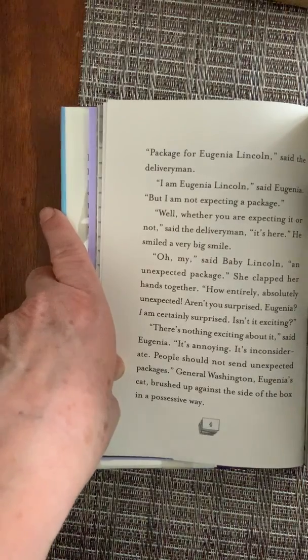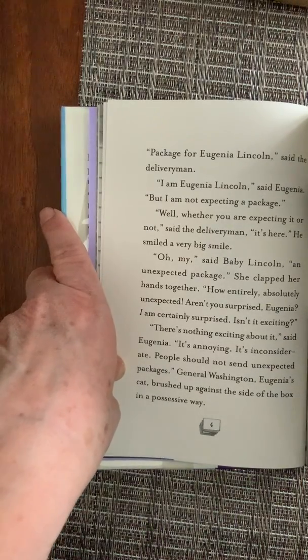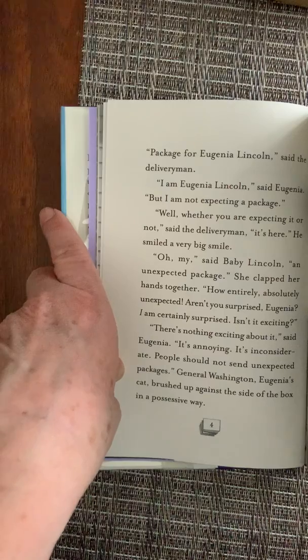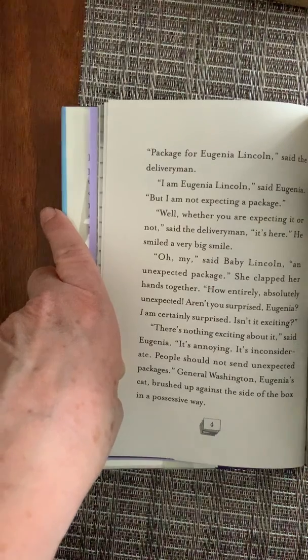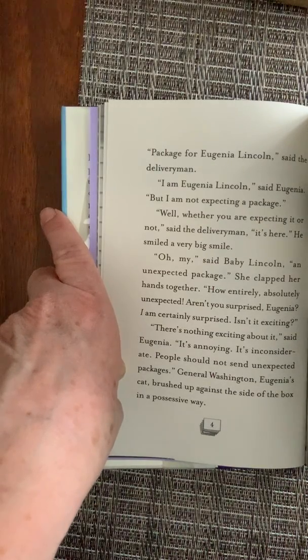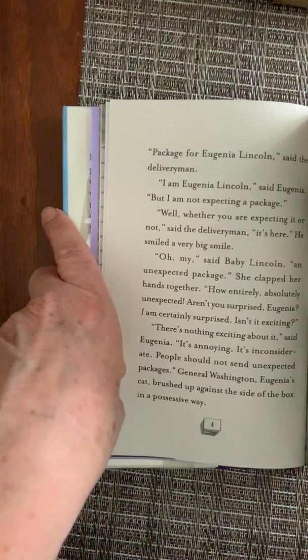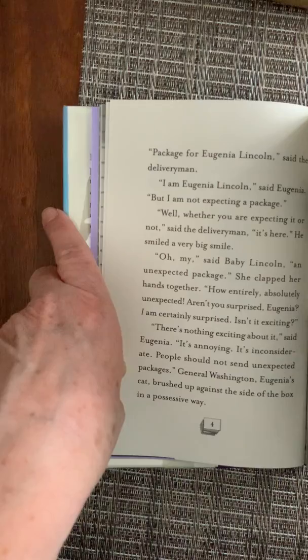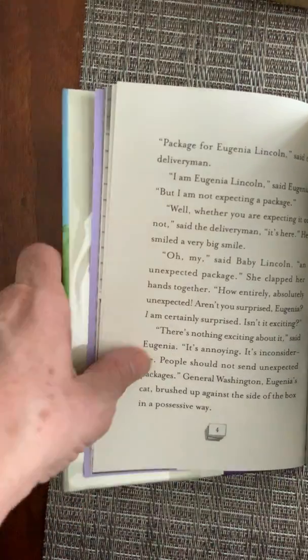Aren't you surprised, Eugenia?" "I am certainly surprised. Isn't it exciting?" "There's nothing exciting about it," said Eugenia. "It's annoying. It's inconsiderate. People should not send unexpected packages." General Washington, Eugenia's cat, brushed up against the side of the box in a possessive way.